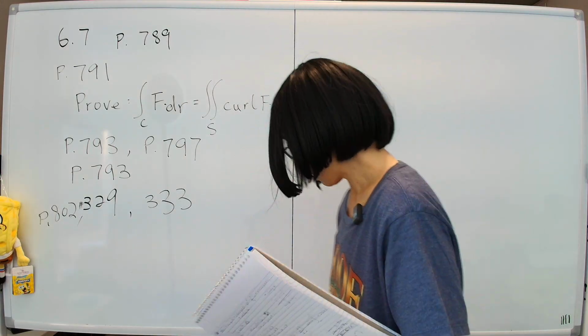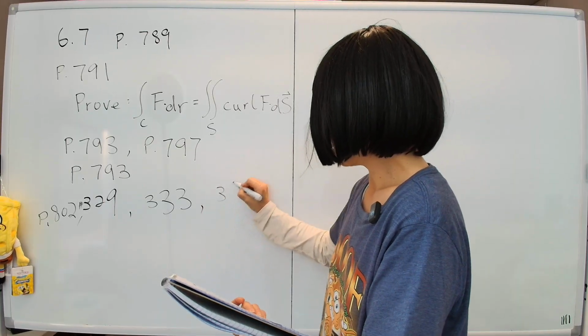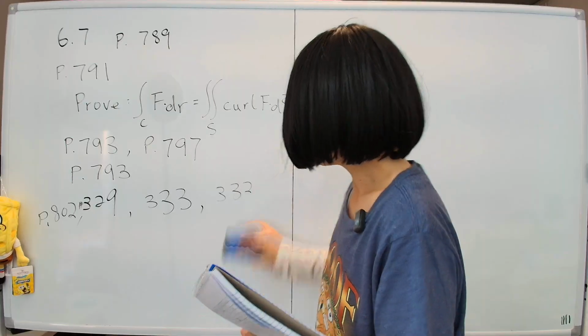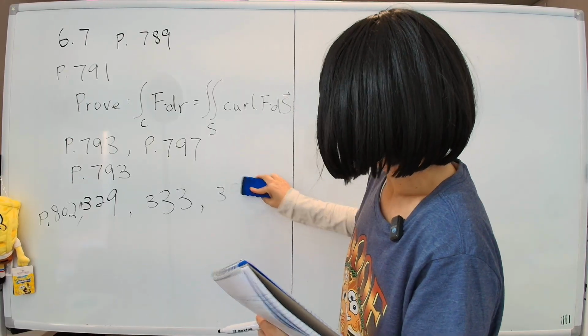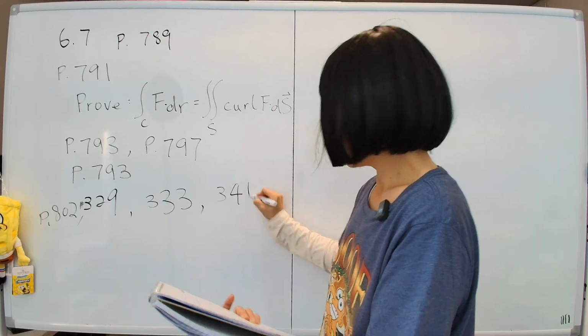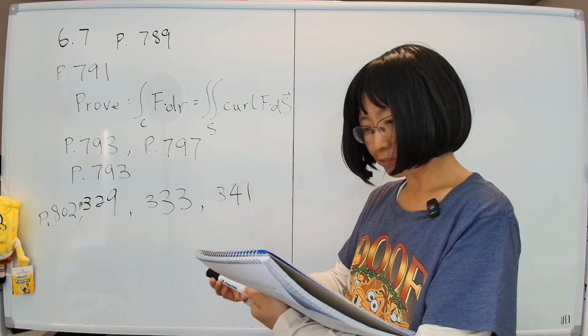Next, let's look at problem 341, where we have to show curl F dS equals the line integral of F dr, and we will do both.